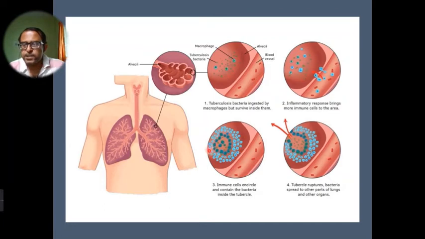These are the tubercle lesions. Because of the production of this type of lesions by the bacteria that cause this infection, the name tuberculosis is derived from these tubercle formations. And if these tubercles are broken, then the bacteria can spread from the tubercles to other parts of the lung.